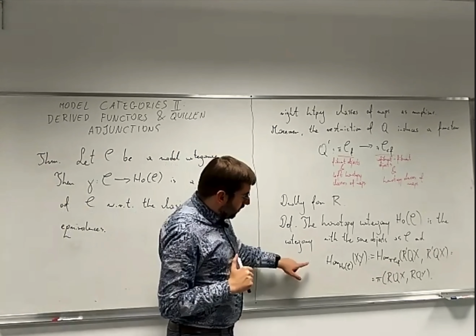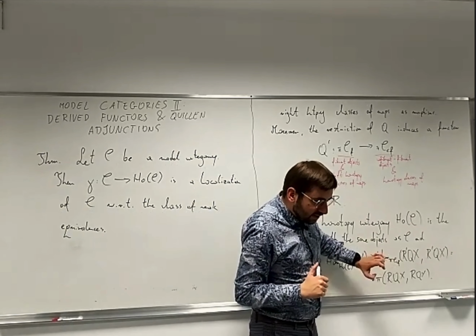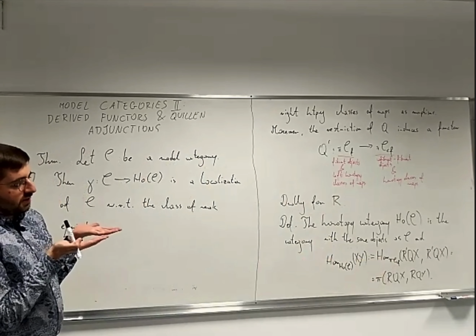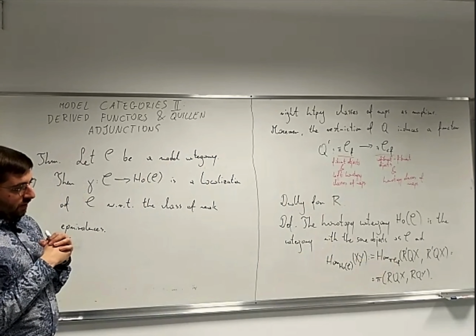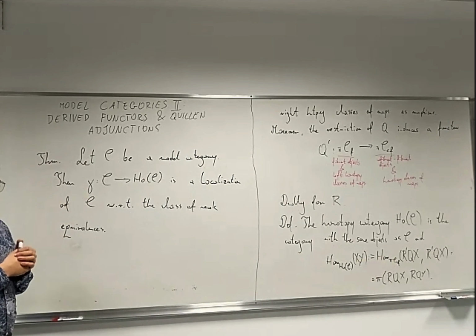But also, maybe it is not yet clear from this definition, it gives us an idea how to construct and how to study the homotopy category, right? Because if I only told you what are weak equivalences on topological spaces, it would be hard to work out what is the homotopy category of topological spaces.